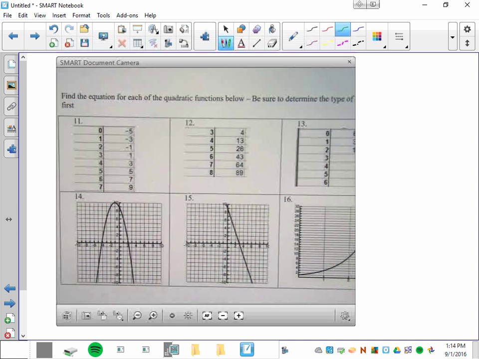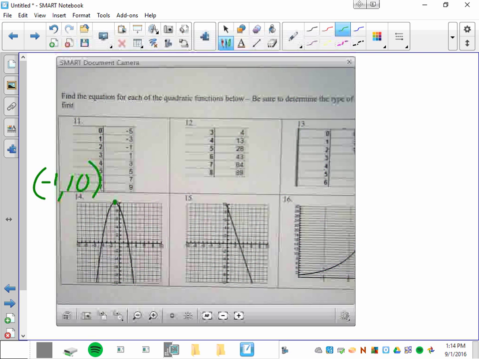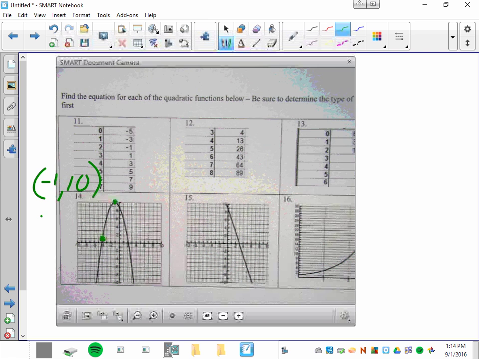So for number 14, you'll have to pick some points. So that point right there is -1, 10. And find some more points. It looks like right here is -4, 1.